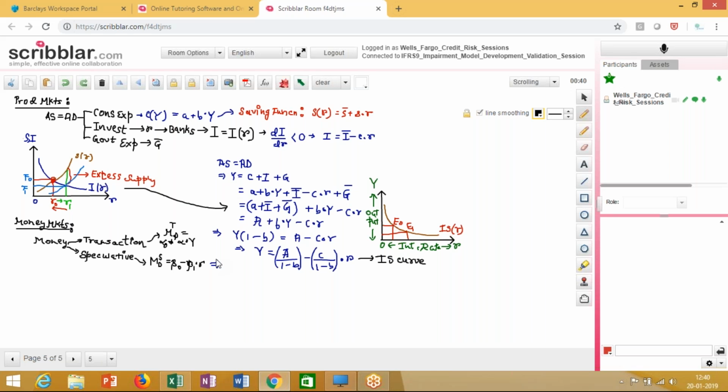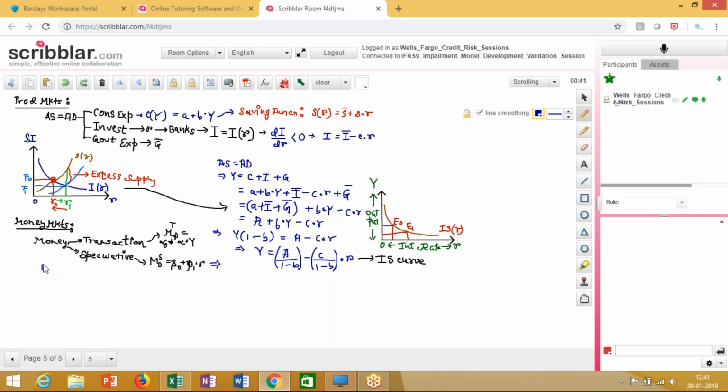And when the rate of interest is higher, this demand for money actually goes up. So we have a positive relationship with the rate of interest, right? Now the total money supply will be equal to the total money demand, assuming that the money market has to be in equilibrium.